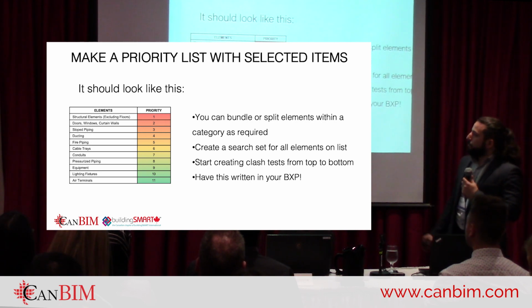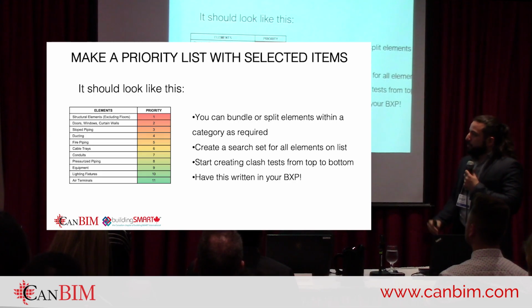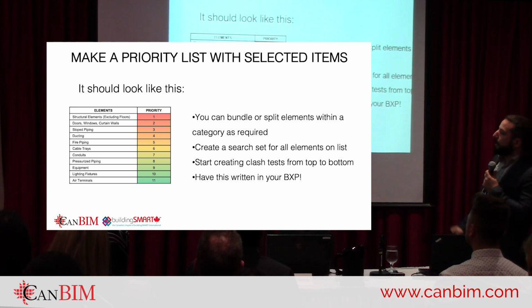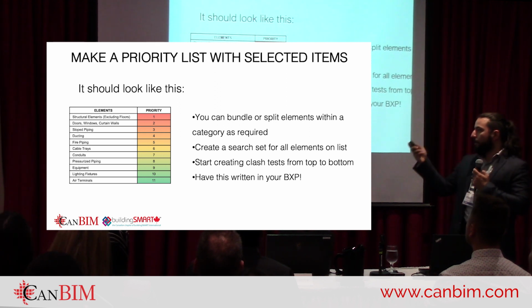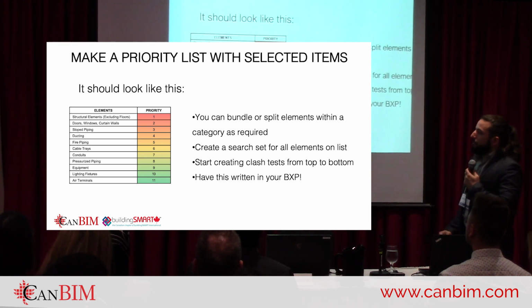So I just grouped the doors, windows, curtain walls, maybe those are the architectural items I'm trying to coordinate, and put them at priority 2, and structural is on 1.